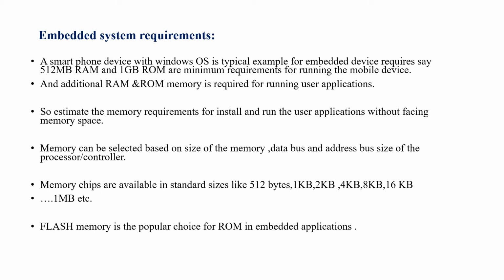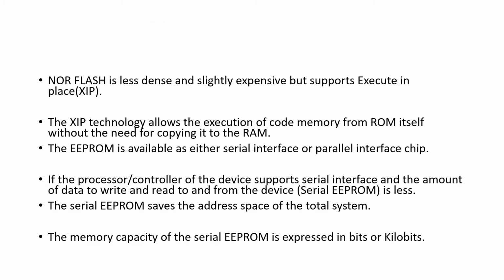So applications will be many, and the related tools should also be there in the embedded system, so that we do not face any memory space problem. Here we are selecting a memory based on the size of the memory, based upon the data and address bus size of the processor. We have already discussed this point before. These factors are very important when selecting a memory.